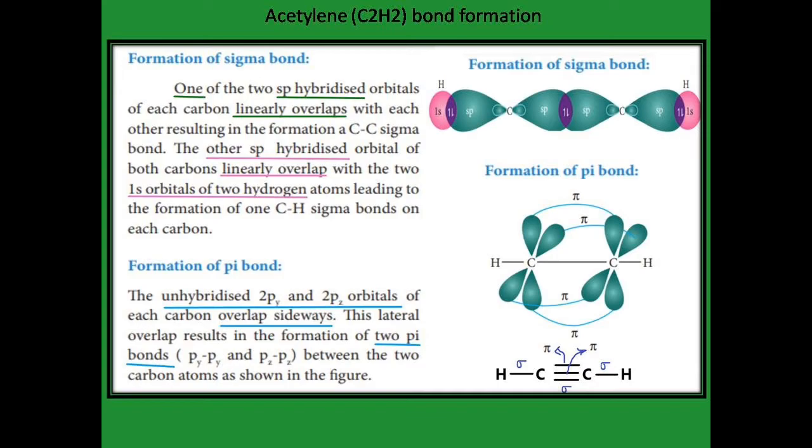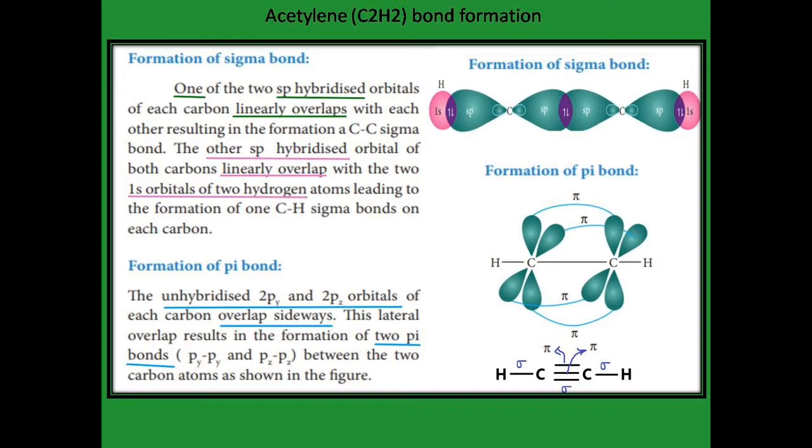How many sigma bonds? The CC bond is 1 sigma bond and the CH bonds are 1 sigma bond each, so totally 3 sigma bonds. Now how many unhybridized orbitals are in each carbon? There are 2 unhybridized orbitals, 2py and 2pz. Please refer to the previous slide, ma.